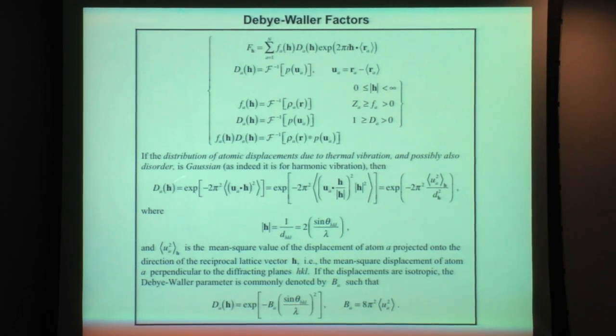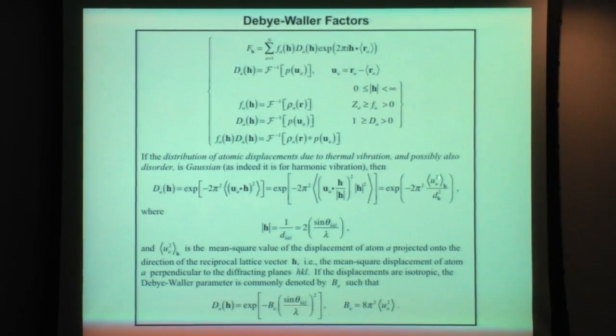So basically it comes down to a quantity that is dependent on the mean square displacement of the atoms. That would be a sum over these, one term for each atom, divided by the square of the d spacing, where we've got the length of the reciprocal lattice vector.